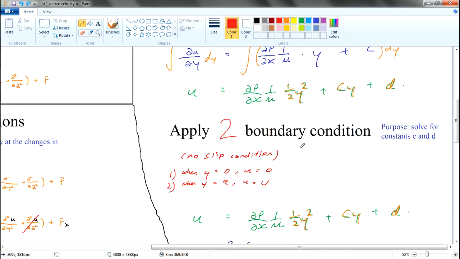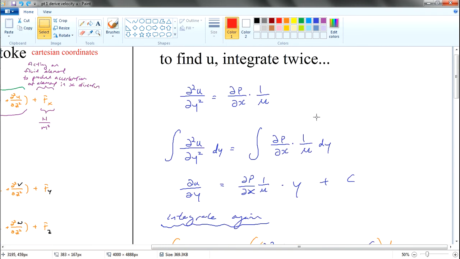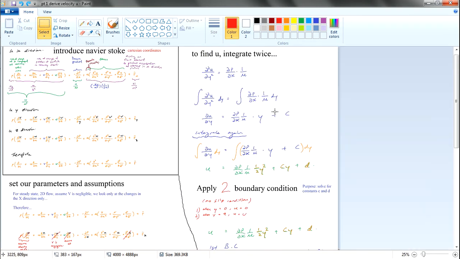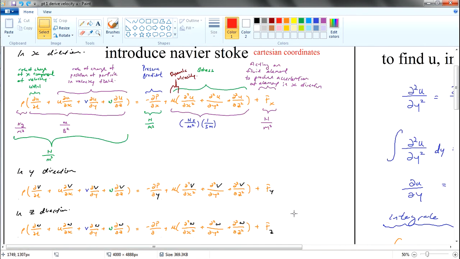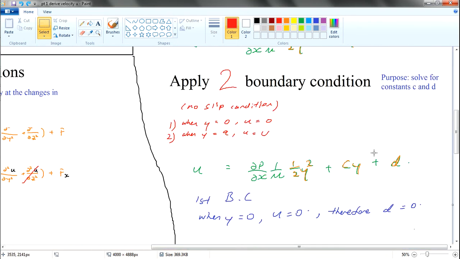The purpose of applying the boundary conditions is to solve for the constants of integration. If you integrate, you leave a constant, so the purpose here is to solve for the constants. If not, why would you want to apply them? Because we want to solve for them.